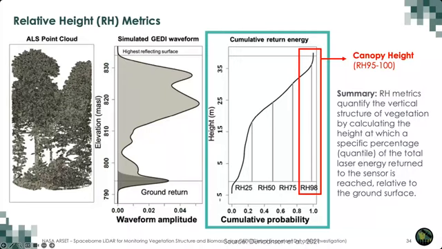So the RH metrics that we already defined, that we're circling back to now, quantify the vertical structure of vegetation by calculating the height at which a specific percentage of the total laser energy returned to the sensor is reached, relative to the ground surface. So as you can see here, canopy height is often defined as RH95, but can also be up to RH100 depending on the particular application.